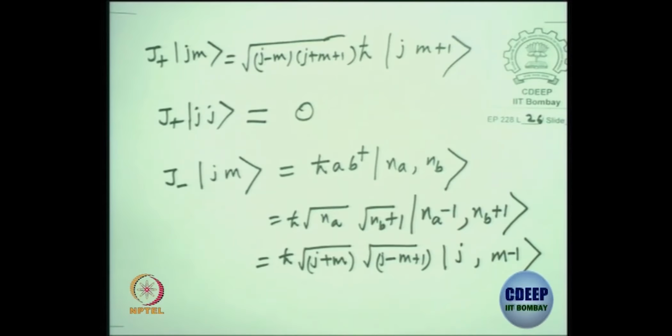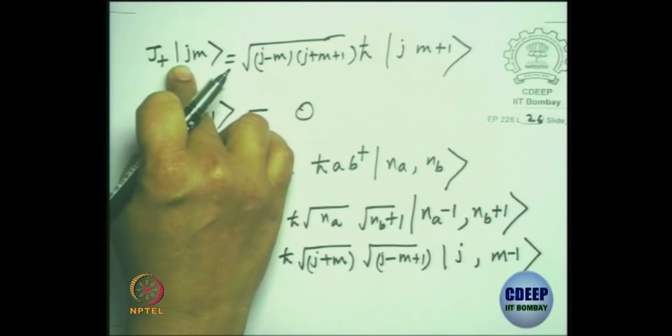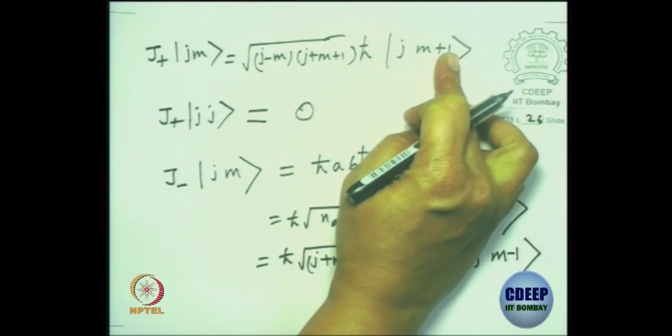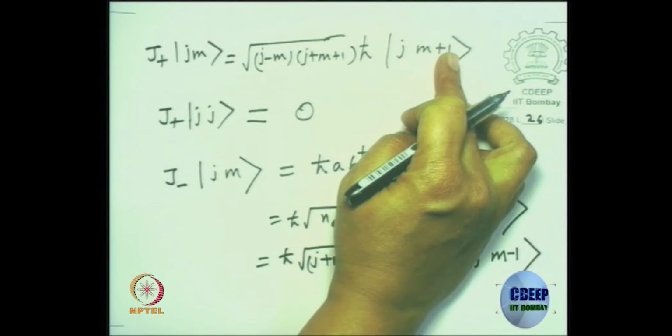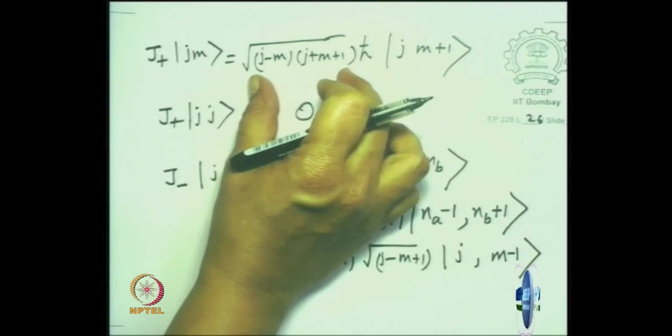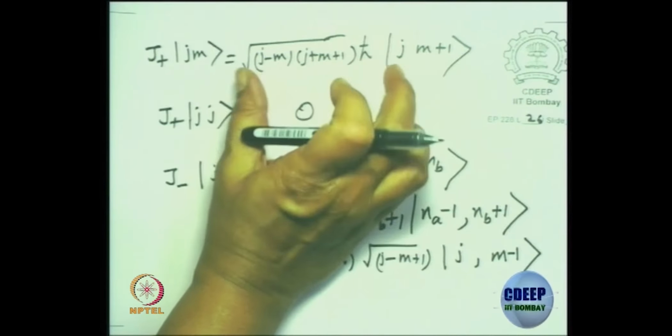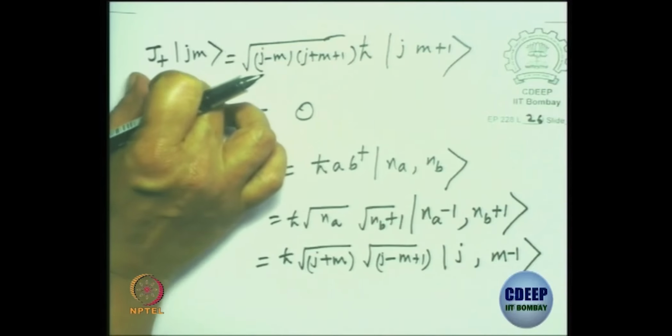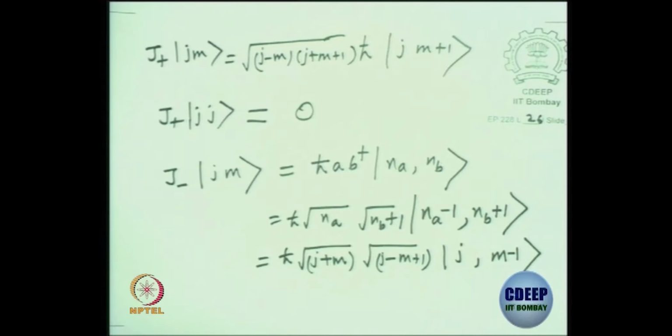Is that right? So, this is like a raising operator which takes the magnetic quantum number by 1 unit up with this coefficient, and this coefficient we have figured out by writing a representation for J plus in terms of ladder operators of two independent harmonic oscillators.